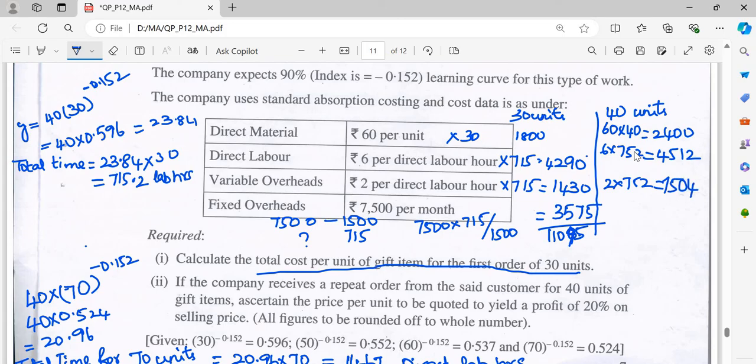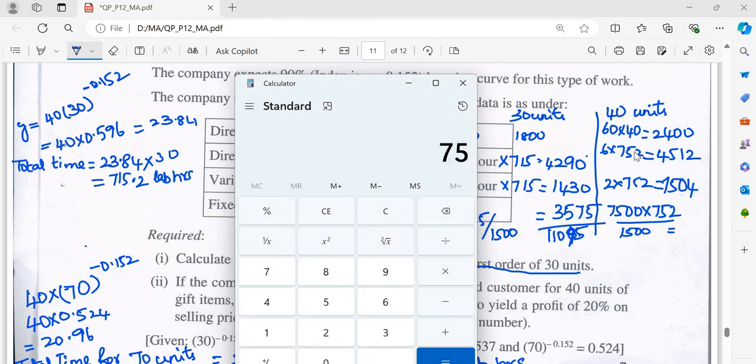So here same way I want to calculate. This is 7500 into 752 by 1500. So I will be getting 7500 into 752 divided by 1500. So 3760.